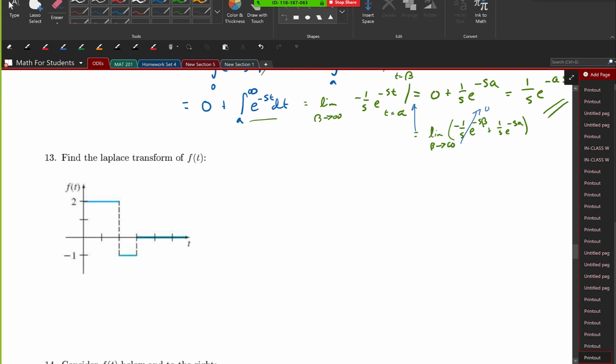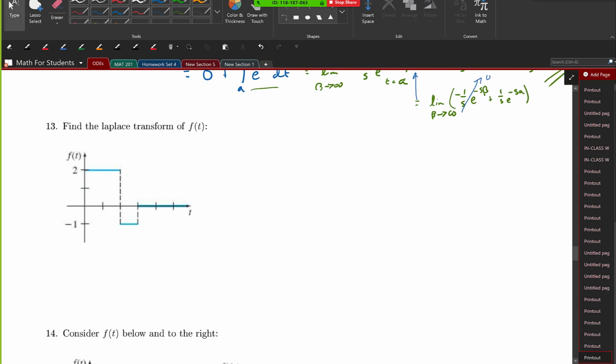So we looked at this function last time. We wrote this as a unit step function last time. Let's go ahead and find the Laplace transform of this function, which is discontinuous at 2 points on the real line. Okay.